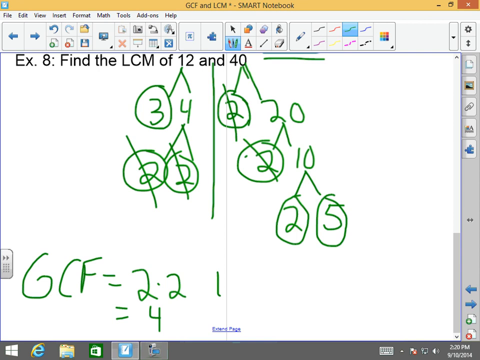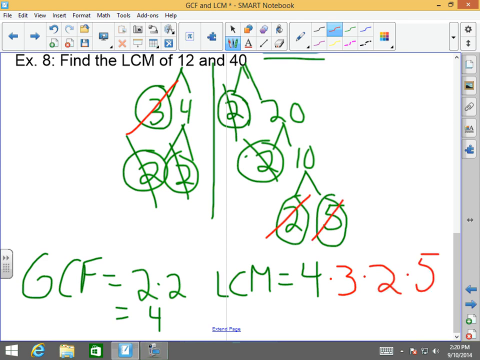My LCM is, hold on, not yet. My LCM is the GCF, which is 4, times the leftover primes. So 4 times a 3, times a 2, times a 5.